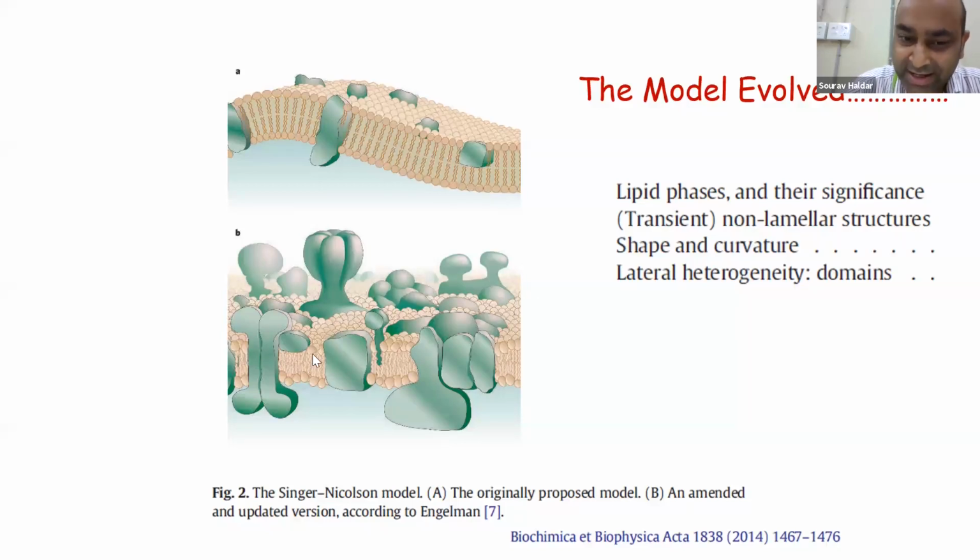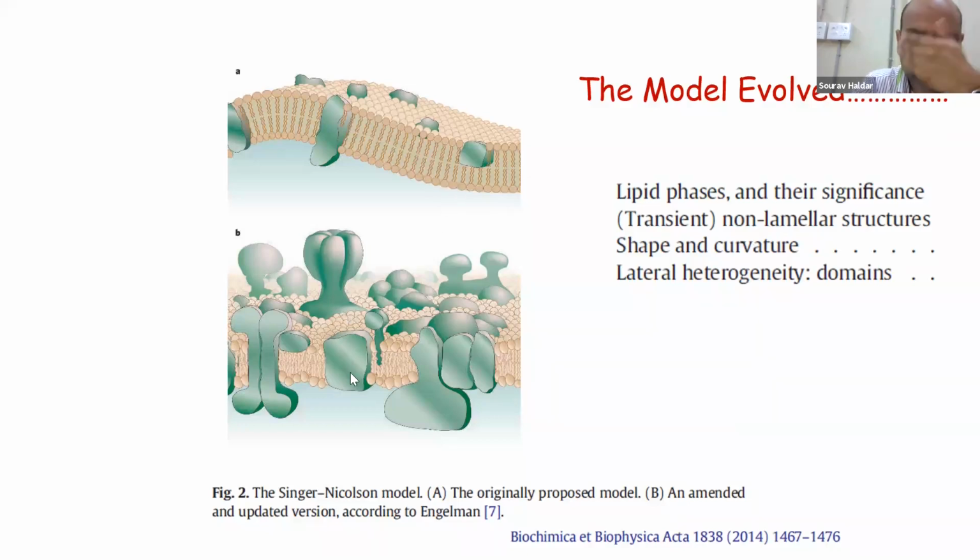In fact, it has been found for some cells that the lipid to protein ratio is actually 1:1. So that means maybe per one protein molecule there may be one lipid molecule. In other words, the membrane is much more crowded than it has been perceived in the fluid mosaic model.